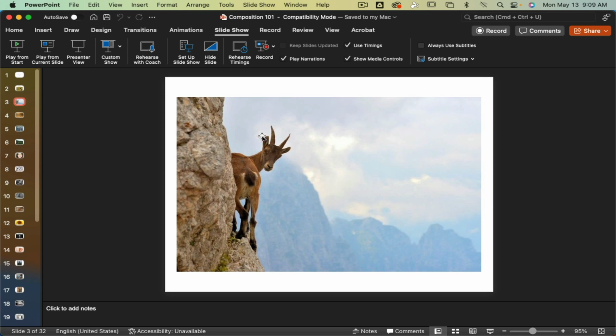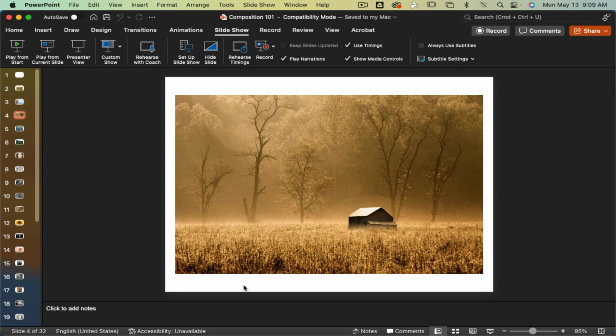Right here, this guy is lined up on this third line. We have this house almost intersecting this third and then this one as well. It's something subconsciously that our eyes and our brains do. So you're going to have to make use of that.